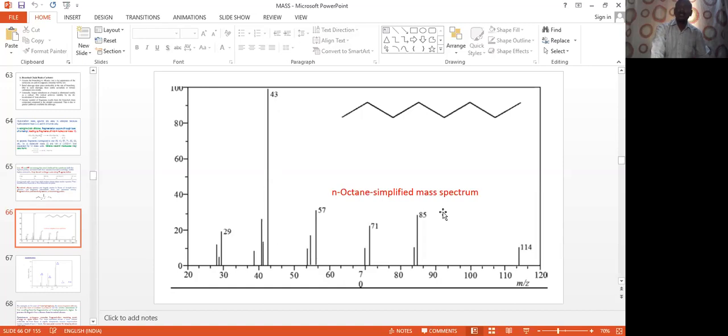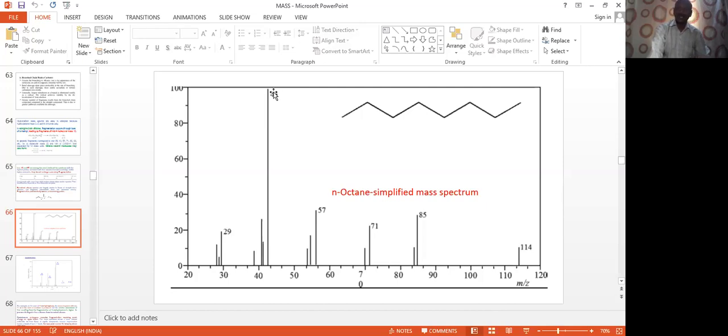This is a straight chain alkane and a branched chain alkane. The cluster of peaks are separated by 14 mass units in both, but you have to determine based on the characteristics of the peaks, the mass value or intensity. Now here M by Z value 43 is the highest intense peak.